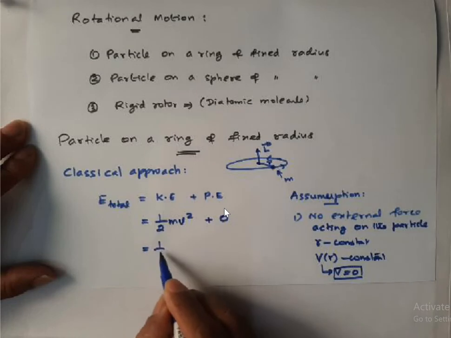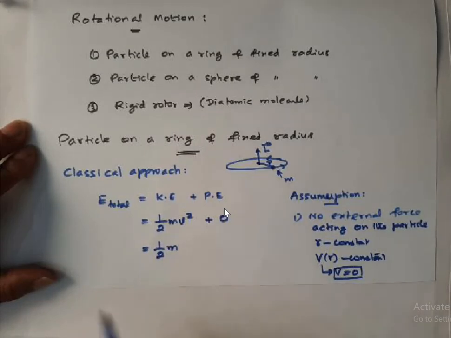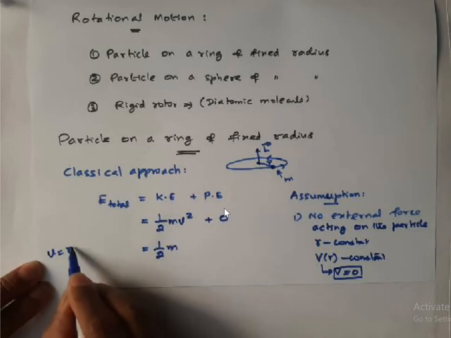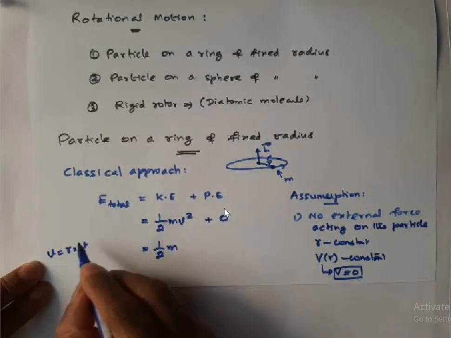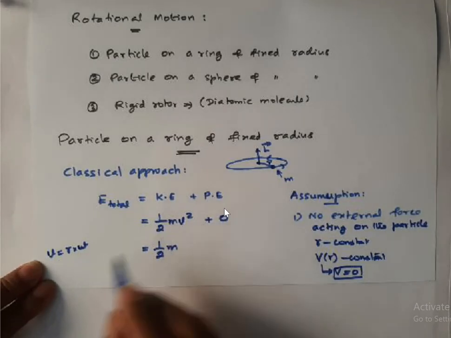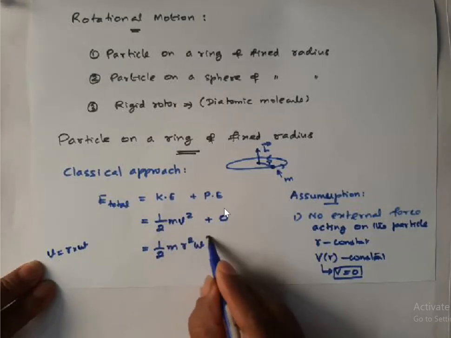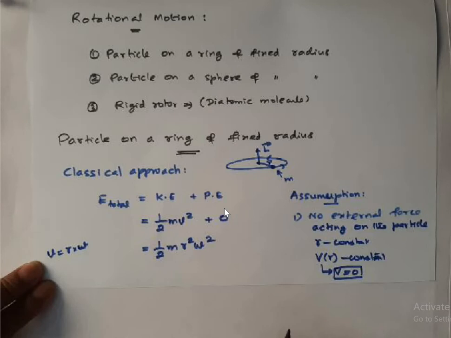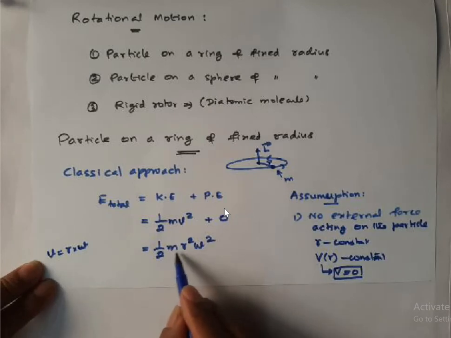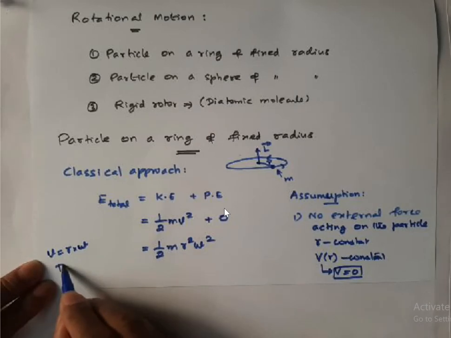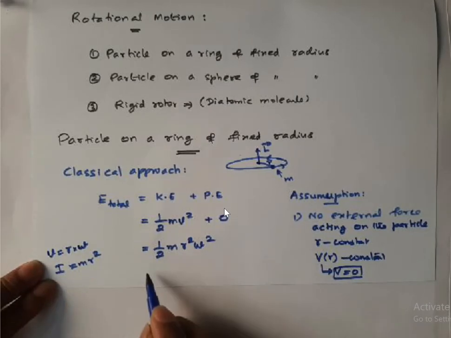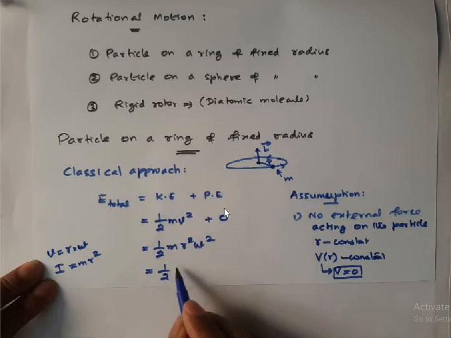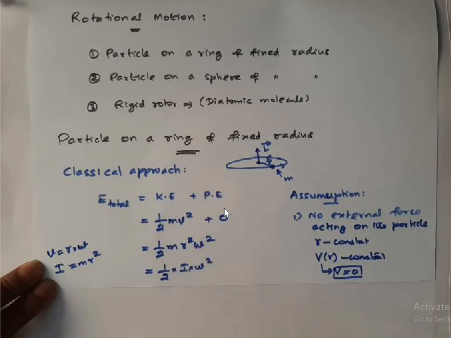You know very well linear velocity v is r into omega, where omega is the angular velocity. If I replace v square, I'll get r square omega square. So this is rotational kinetic energy in terms of angular velocity. And m into r square is moment of inertia, so I equals m r square. If I replace that, I'll get half I omega square. This is the rotational kinetic energy of the system.